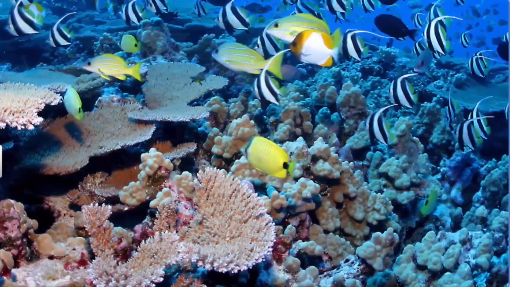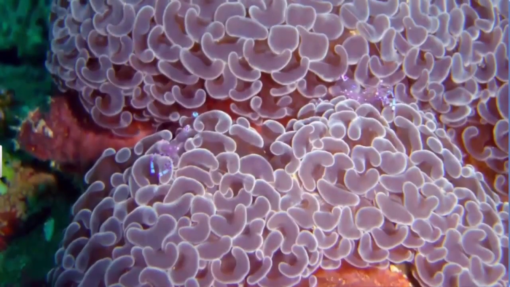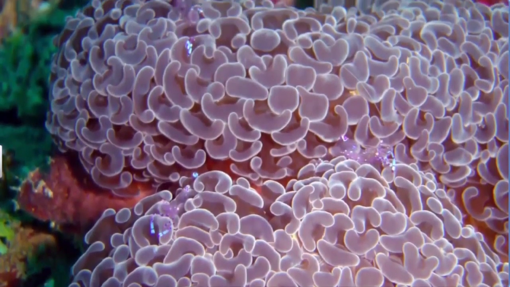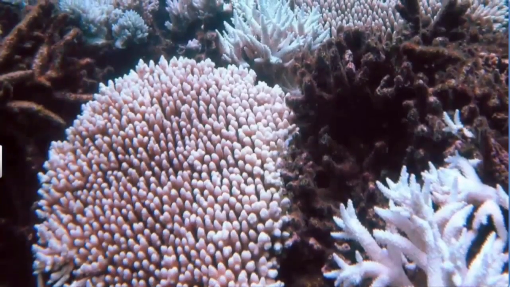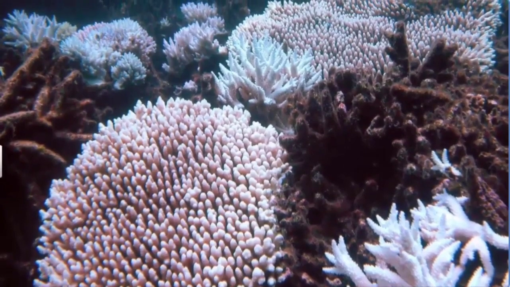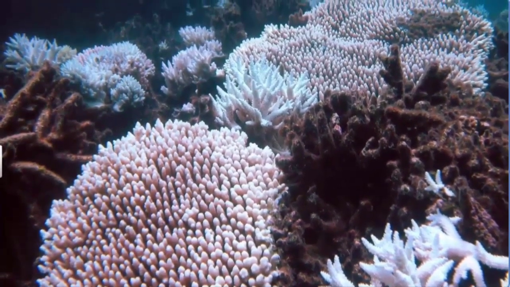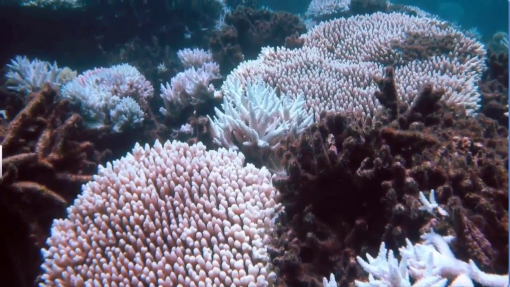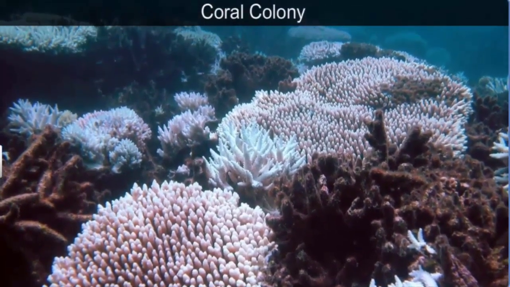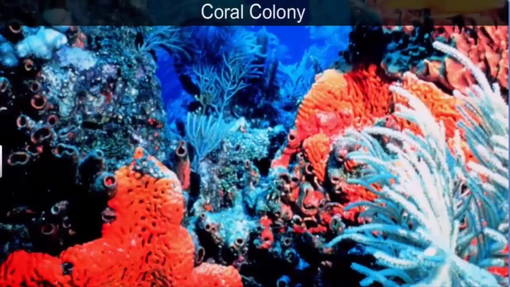Coral polyps are microscopic marine organisms which have short lifespans. They flourish in shallow, mud-free, warm waters. They generally live in colonies. And how do they form such huge coral reefs?